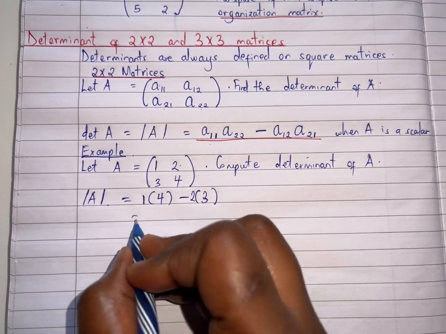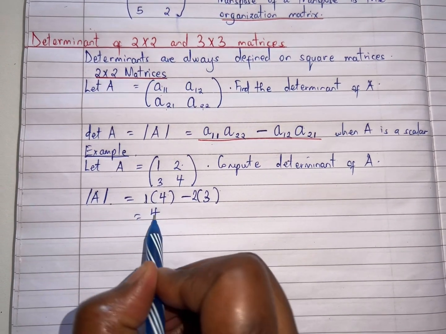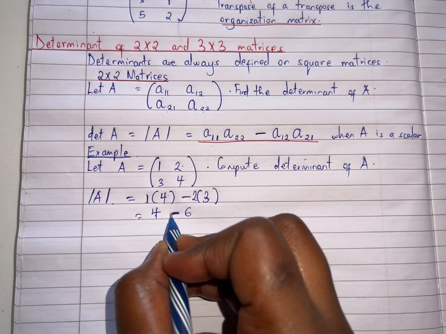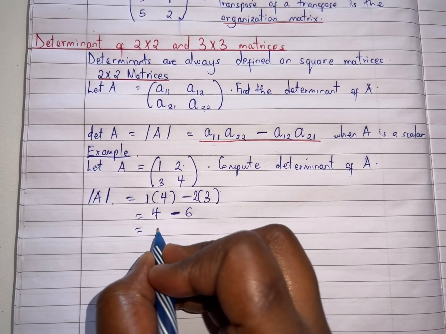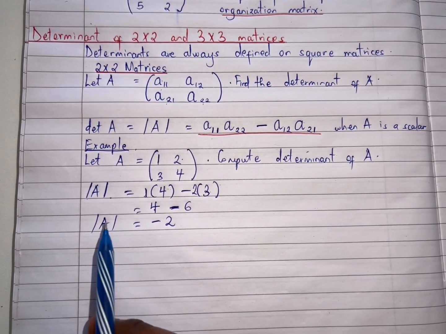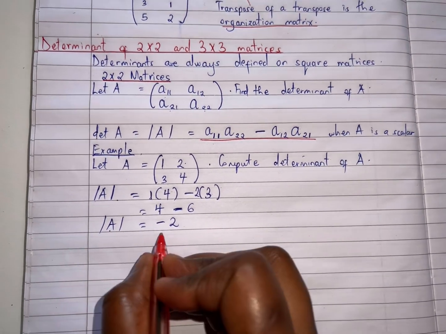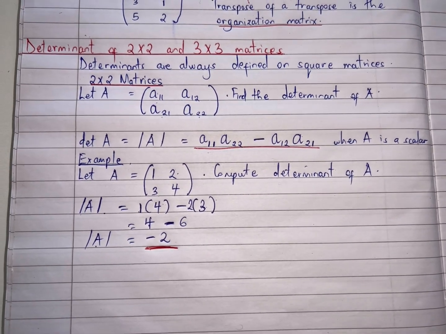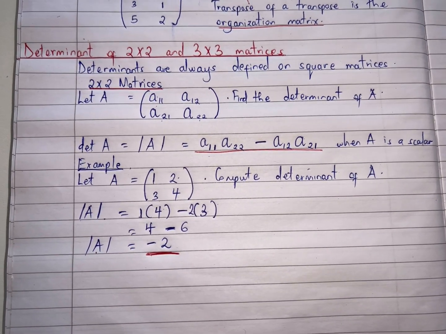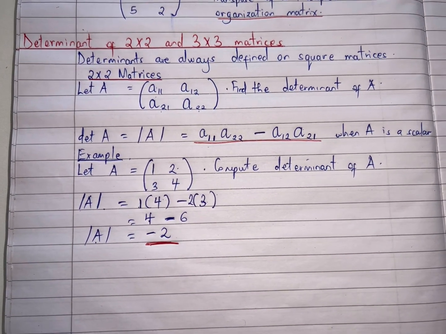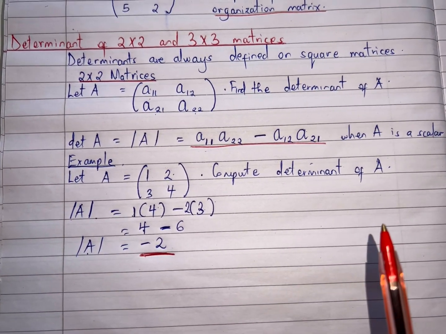So we have 4 minus 6, because 2 times 3 is 6, and our answer will be negative 2. That's the determinant of A. I hope that's understood. You have the formula and an example of how to work out 2 times 2 matrices.